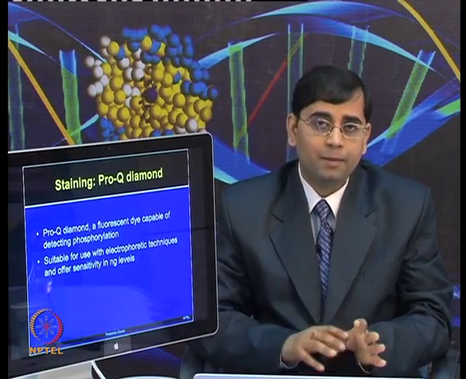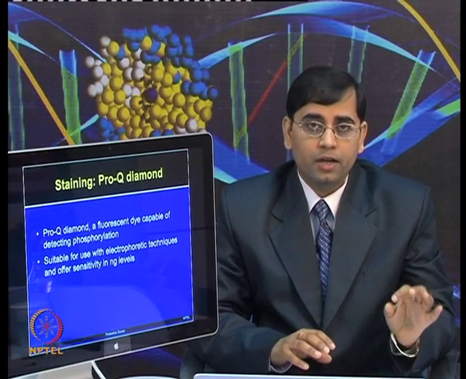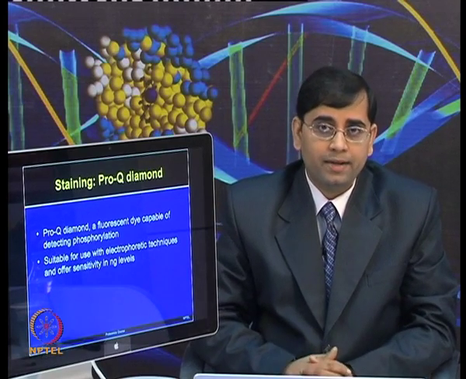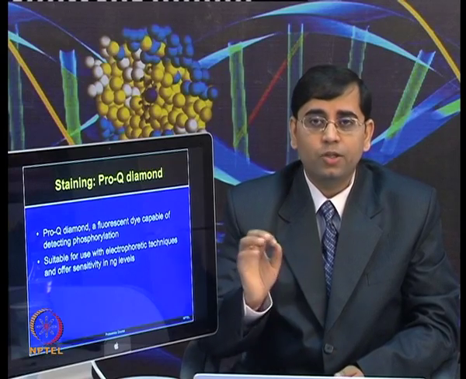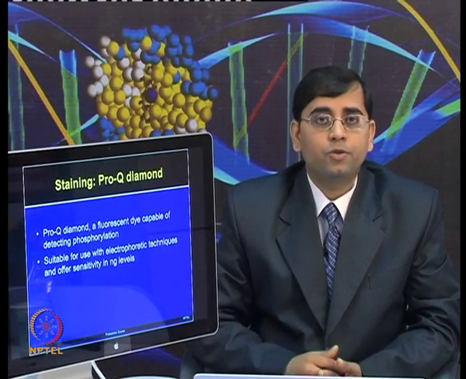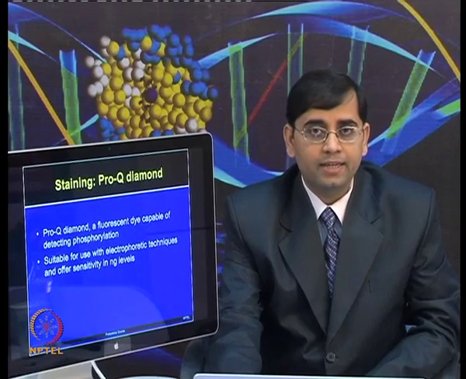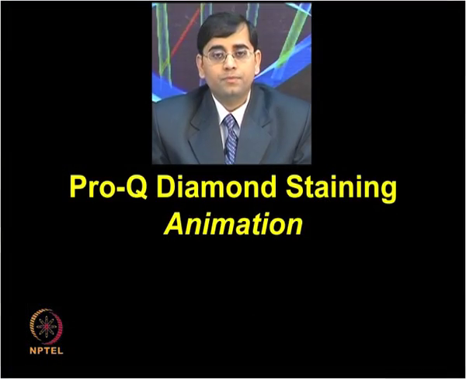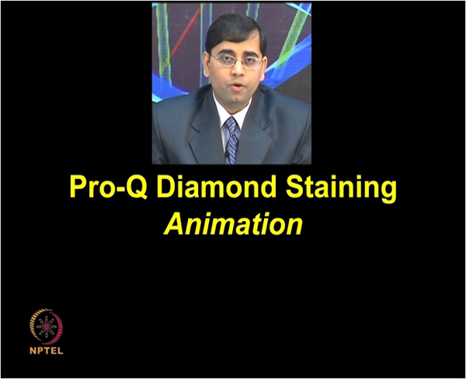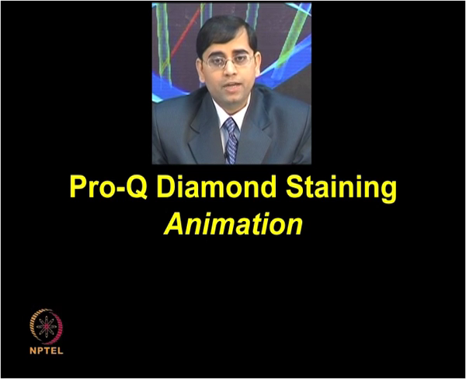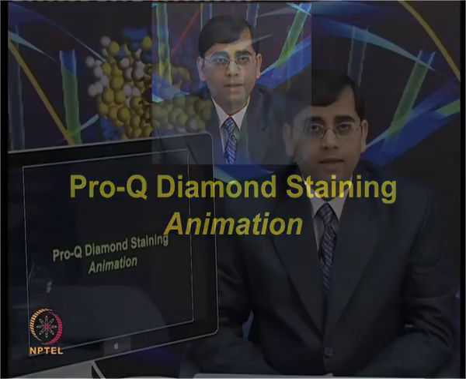Of the many proteins separated on the gel, a certain number are phosphorylated. One can then excise those spots and do mass spectrometry for further identification and characterization. Now, let me show you this animation for doing Pro-Q Diamond staining followed by dual staining.